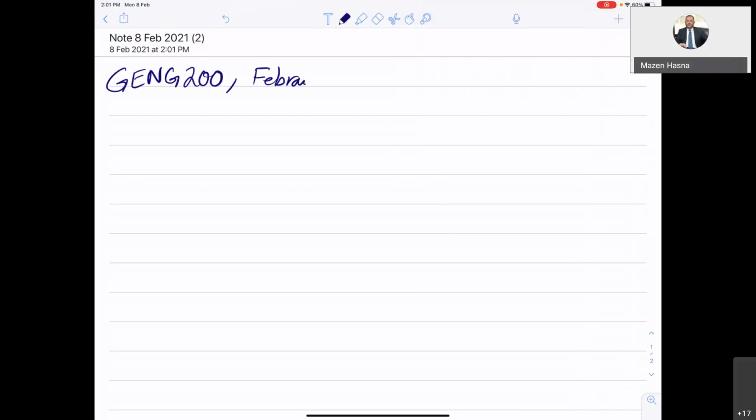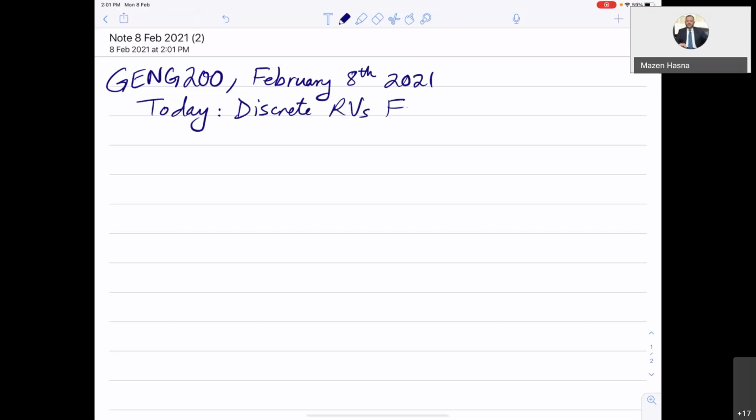GN 200, and today is February 8th, 2021. Today we'll continue with the discrete random variables families or distributions.